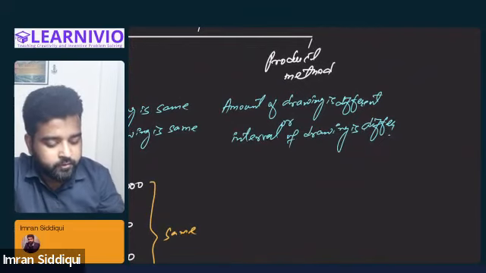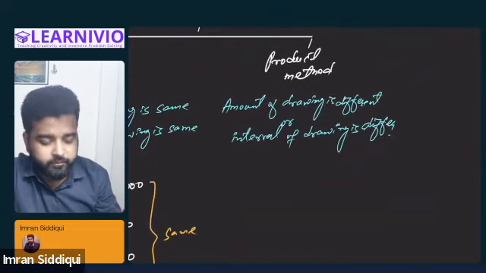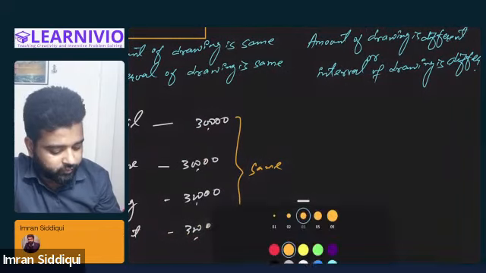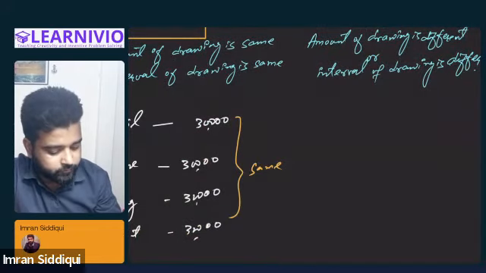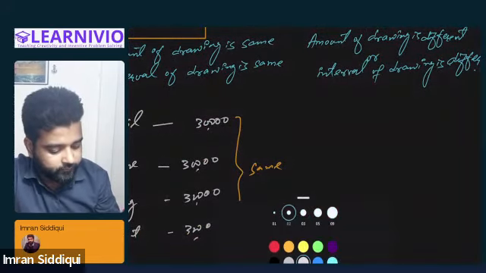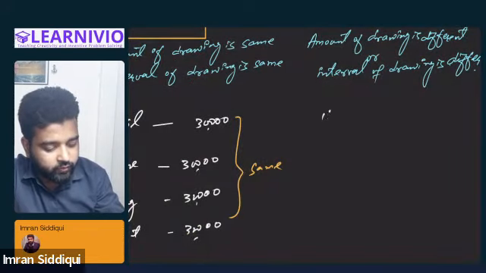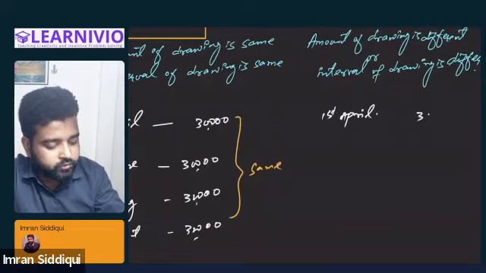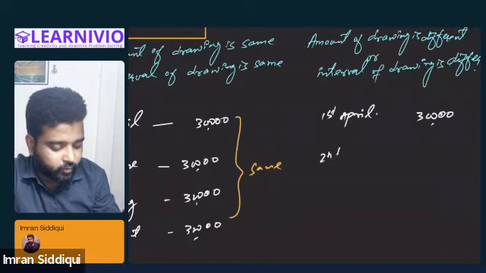On the other hand, talking about the product method, what will happen? Let's suppose the first drawing was made on 1st of April. The amount was 30,000. Then the second drawing was made in the month of May. The amount is 15,000.